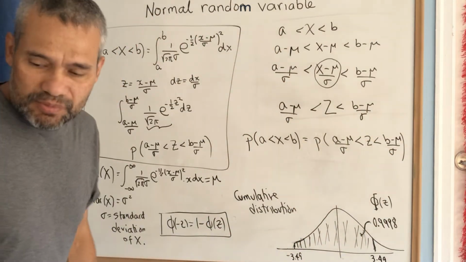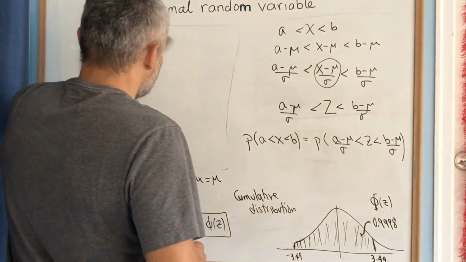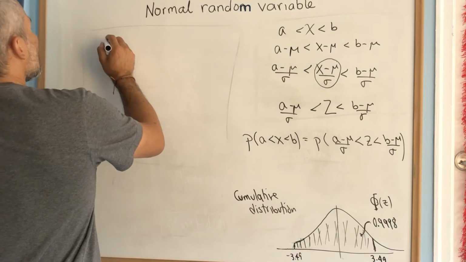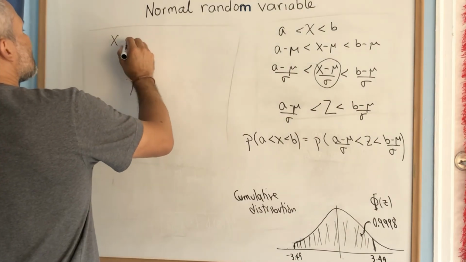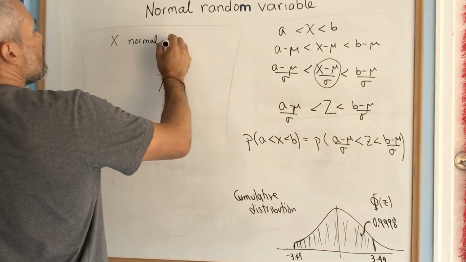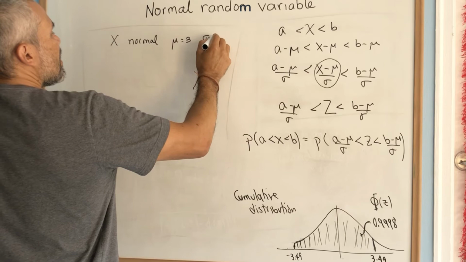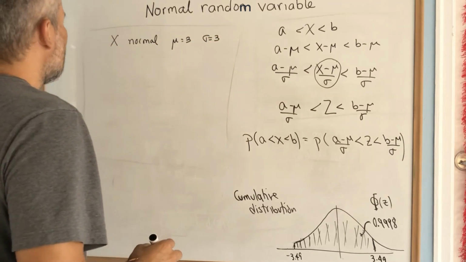Let's do some examples. Let's suppose that x is a normal random variable with parameters mu equal 3 and sigma equal 3, standard deviation equal 3.